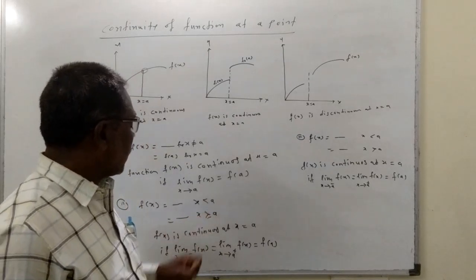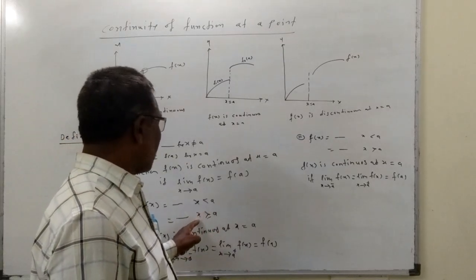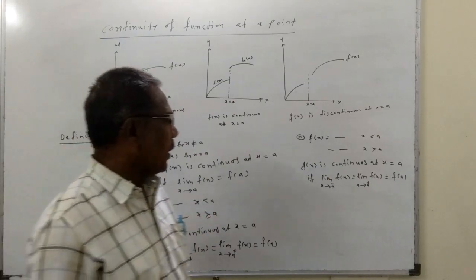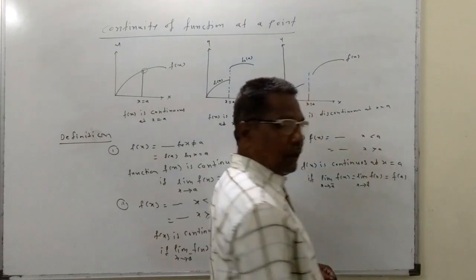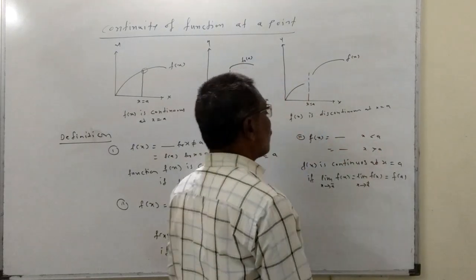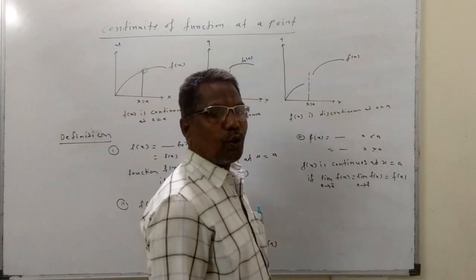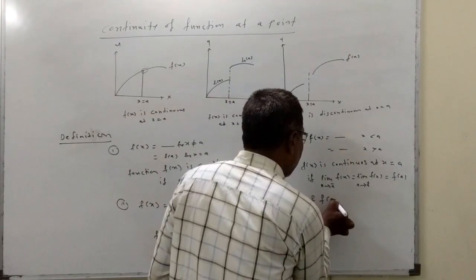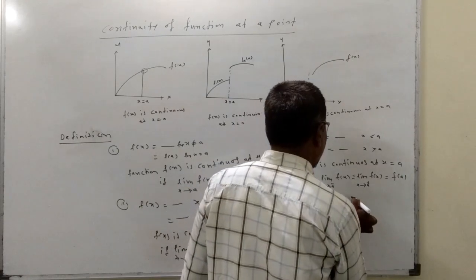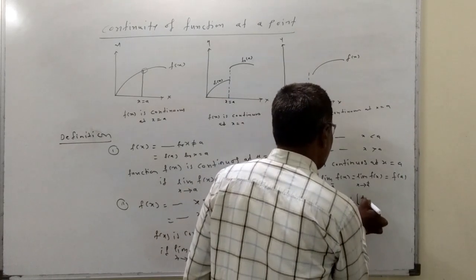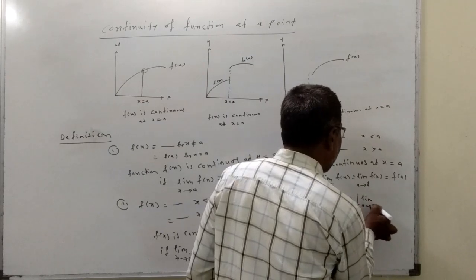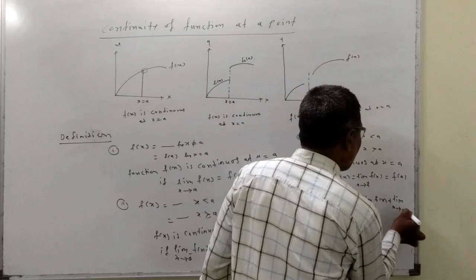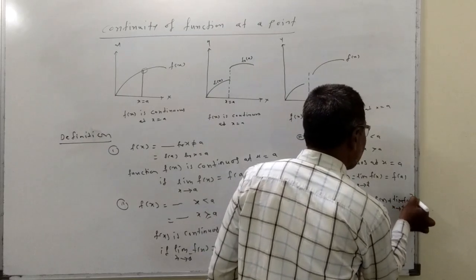Now here you have a difference. Earlier, x is greater than or equal to a, meaning the function is defined at x is equal to a and also for values greater than a. But here the function is not defined anywhere at x is equal to a. So by the direct method it is not possible to find the value of the function. So f of a for this type of function we find as the average value, 1 upon 2 times limit x tends to a minus f of x plus limit x tends to a plus f of x.